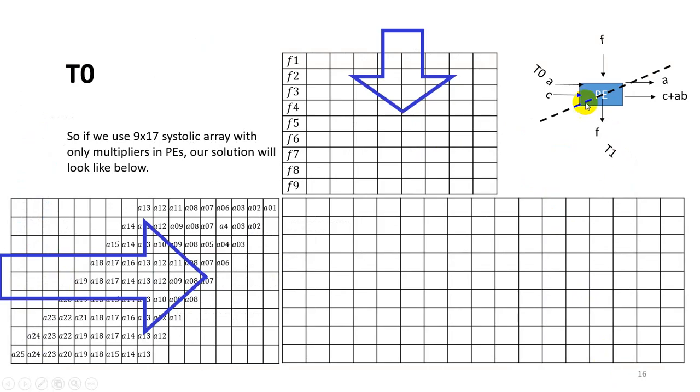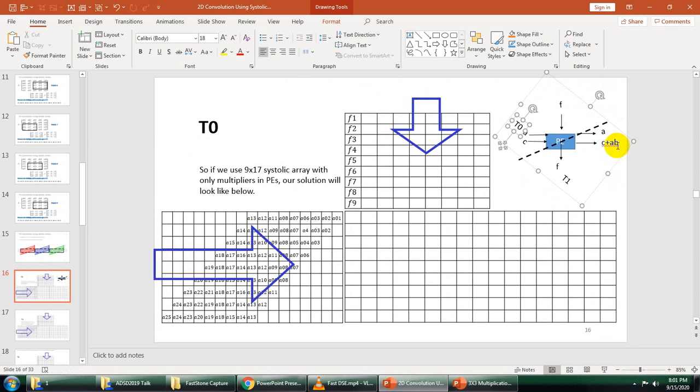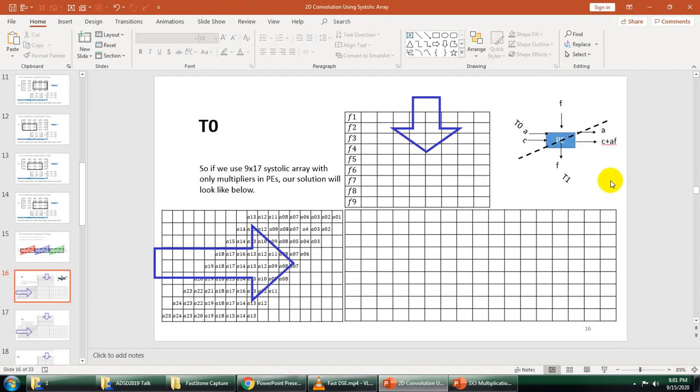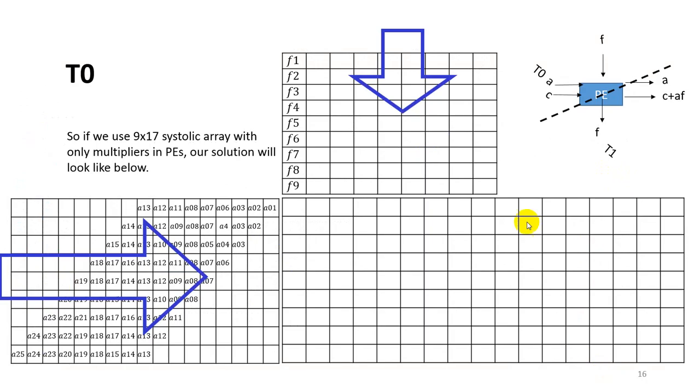So after one clock cycle, F is moved downwards, A is moved forward, and C is added by the multiplication of A and F. C equals the multiplication of A and F added to the previous value of C. Here we also see that F9 and A01 will be multiplied and moved forward on the next clock cycle.